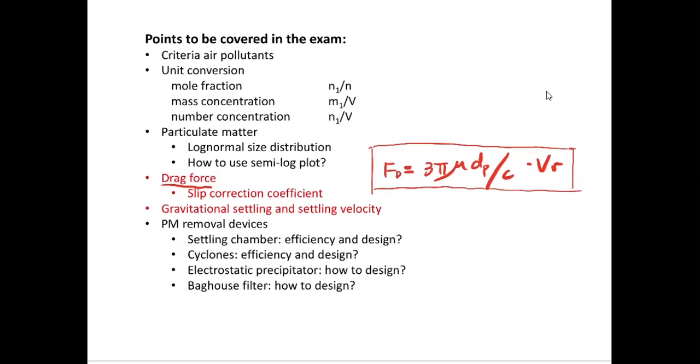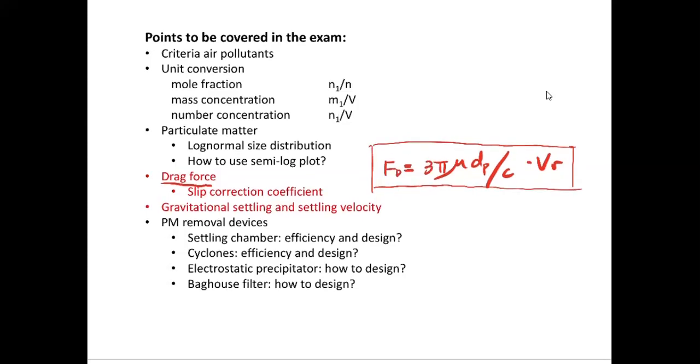Okay, so basically in this equation, mu is the viscosity, dp is the particle size, c is the Cunningham slip correction coefficient, and vr is the relative velocity. Also remember that this is not absolute velocity, this is relative velocity.